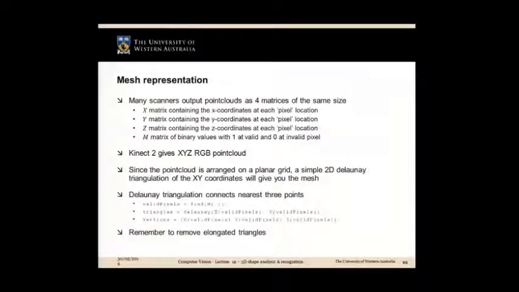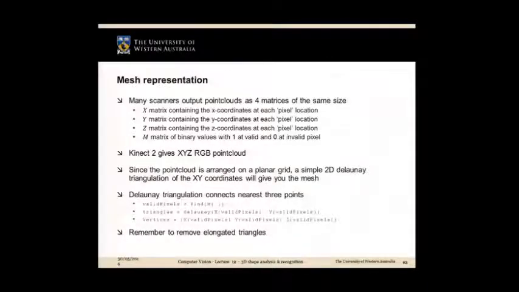Since the point cloud is arranged on a planar grid, a simple 2D Delaunay triangulation of the XY coordinates will give you the mesh, and the Delaunay triangulation connects 3 nearest points. In MATLAB, you will find a built-in function for Delaunay triangulation, and what does it do? Let's say you give it a mesh, it finds 3 nearest points, and then connects these 3 points.